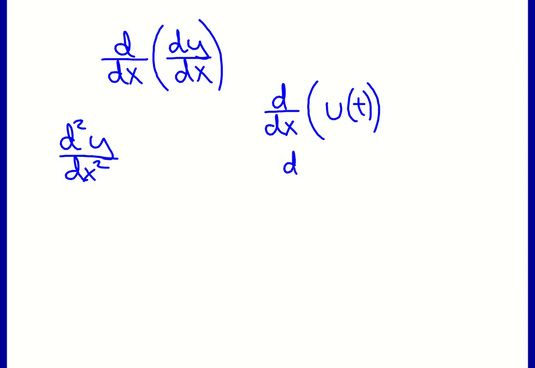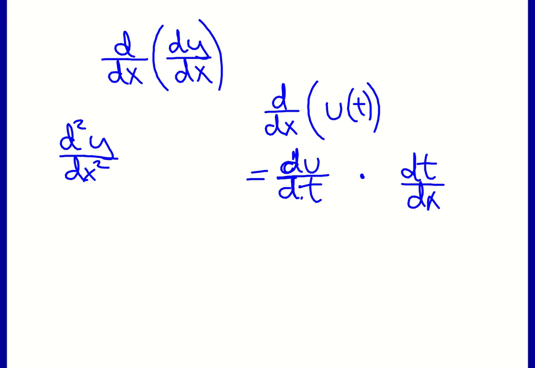So I would be taking the derivative with respect to x of that function, u of t, but then I would have to multiply that by dt/dx, or to make this notation better, I would say du/dt, because u is a function of t, and then times dt/dx.